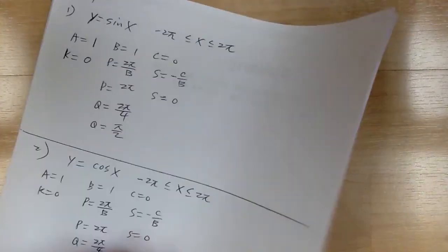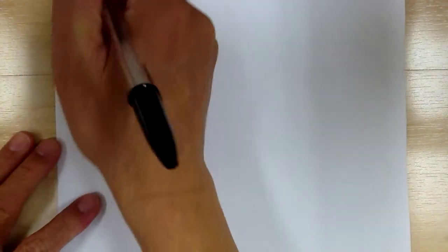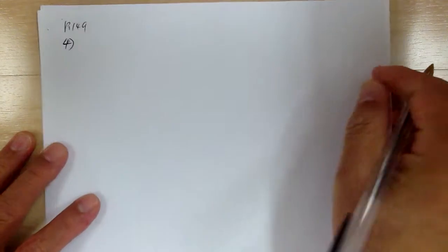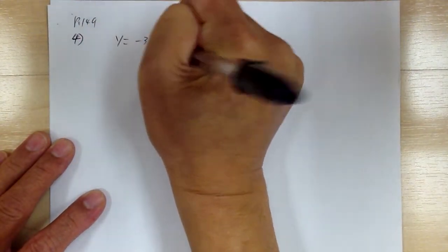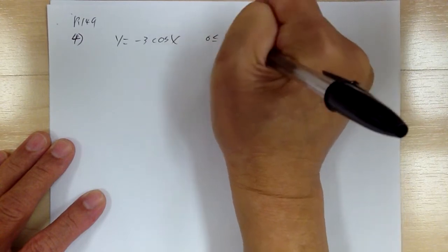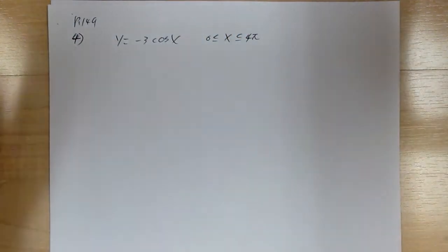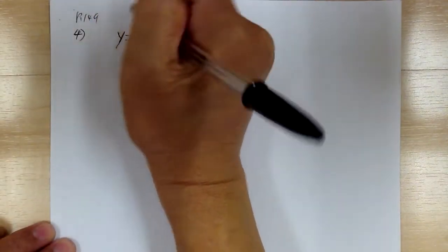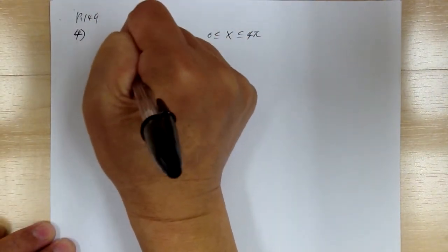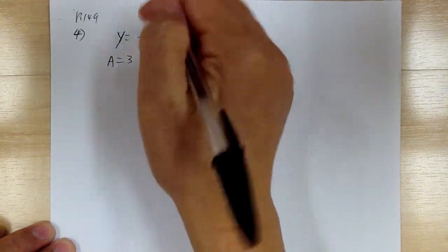Okay, let's go to number 4. You have y equal to negative 3 cosine x. So every point goes through the same process. So you got a equal to 3. Again, do not include the negative.